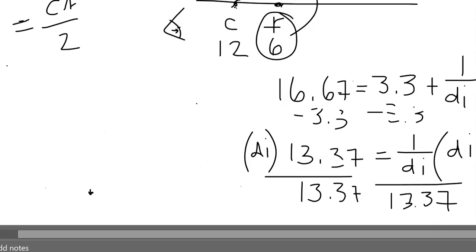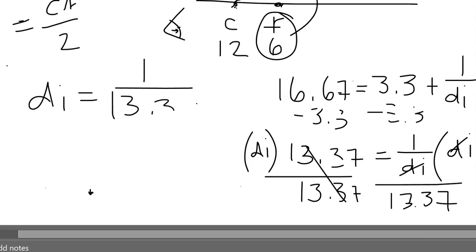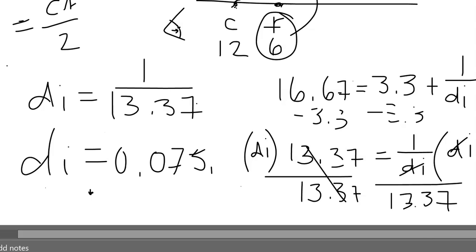So what you should have is DI is equal to 1 over 13.37. When you plug that in, you get a DI of 0.075 meters.